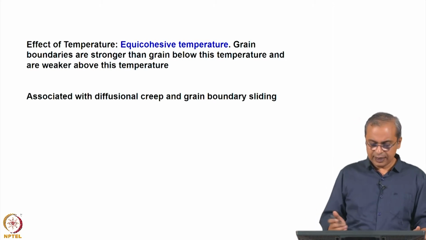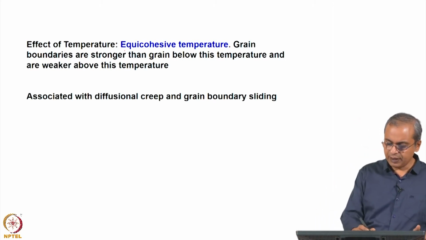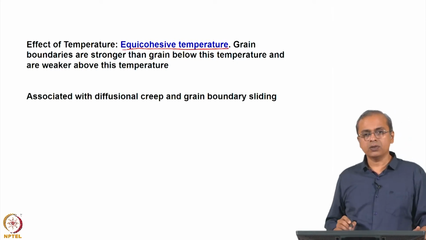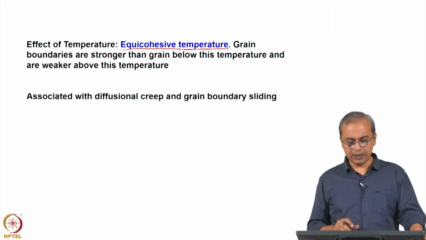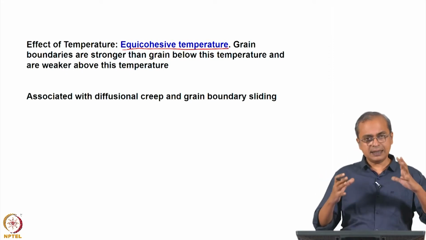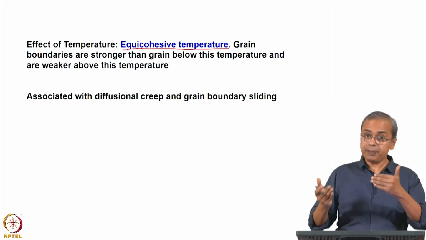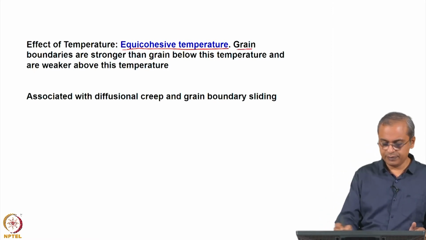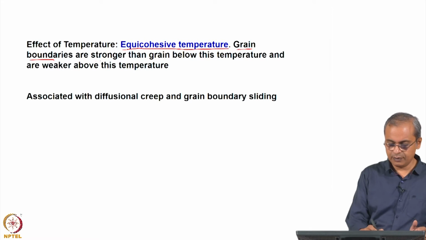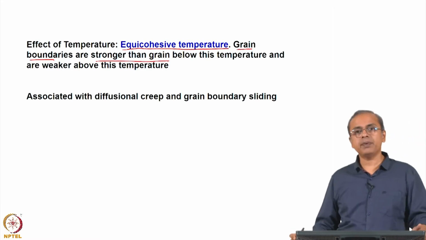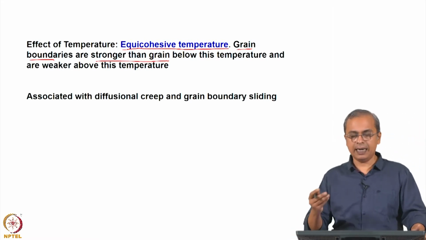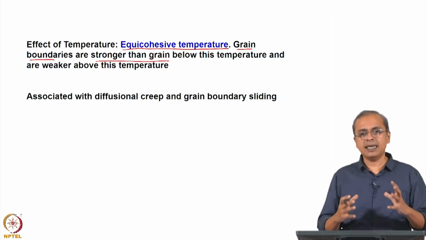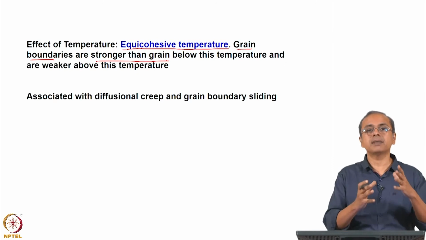It is known that there is something called the equi-cohesive temperature. For most materials, it is generally observed that below this temperature, the grain boundaries are stronger than the grain, and therefore having grain boundaries in the material makes the material stronger.